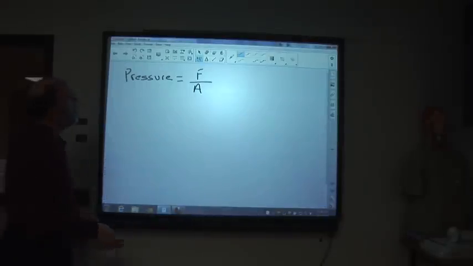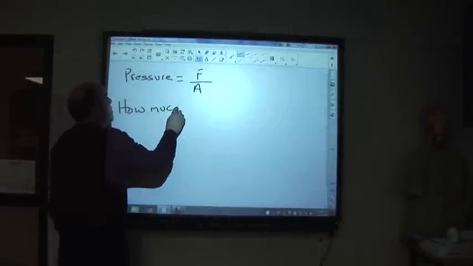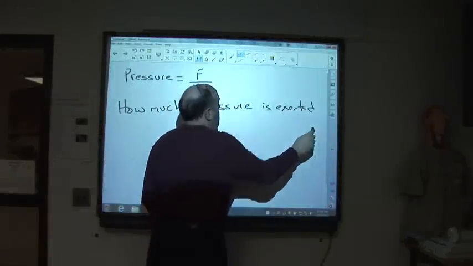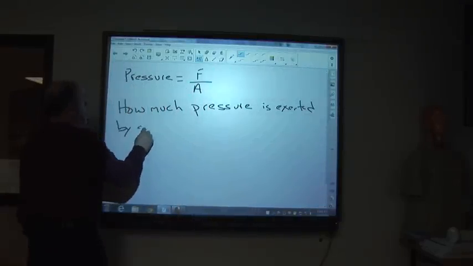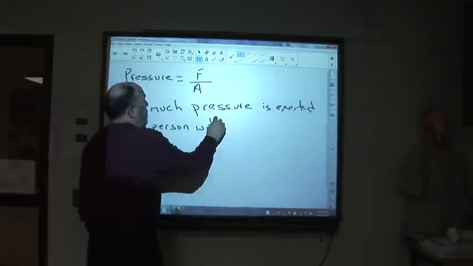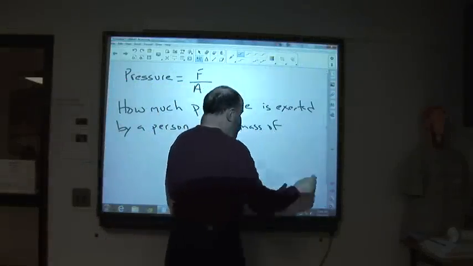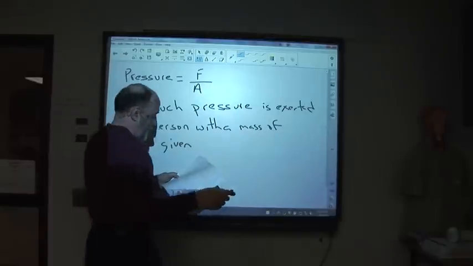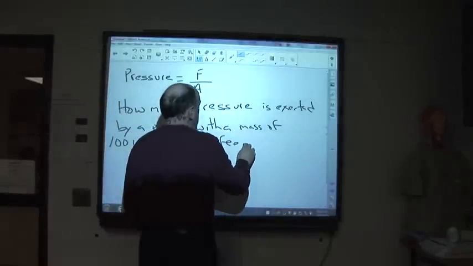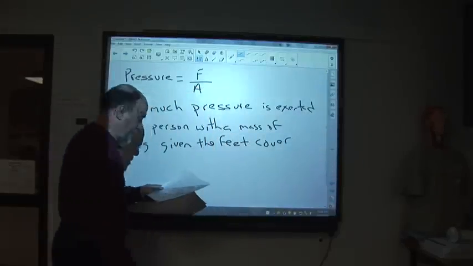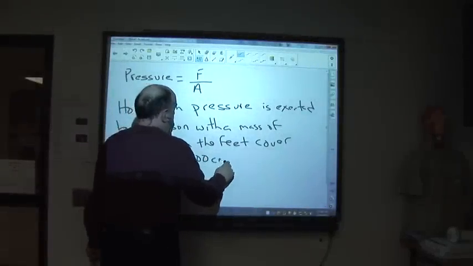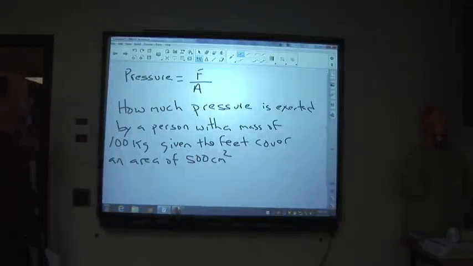For example, how much pressure is exerted by a person with a mass of 100 kilograms, given that the feet cover an area of 500 square centimeters? Again, pressure is force per unit area.